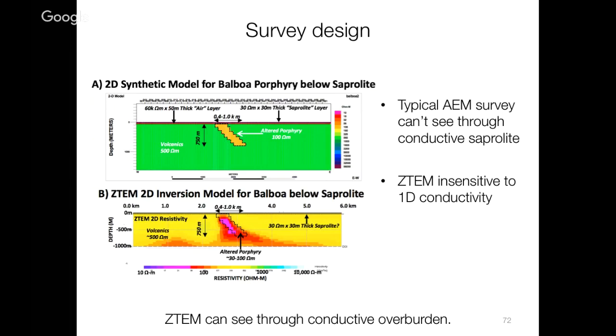This was a 2D synthetic example. We've got a thin, 30 meter thick layer of highly conductive material, and then you put down a conductor underneath, which is your target. Collect the ZTEM data artificially and invert them, and you get something that looks like this. That gave them some confidence that they might be able to see what's there.